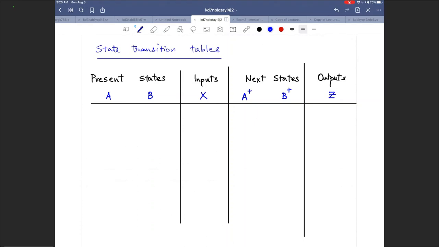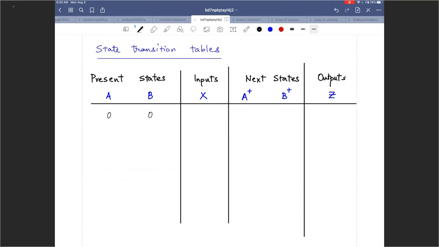So form a state transition table that has that particular skeleton: present state, inputs, next state, outputs. And then I just filled it up in blue with our current example: AB for present states, inputs as X, next states of the flip-flops as A plus and B plus, and outputs as Z. So present states obviously can have 4 possibilities, right? 0, 0.